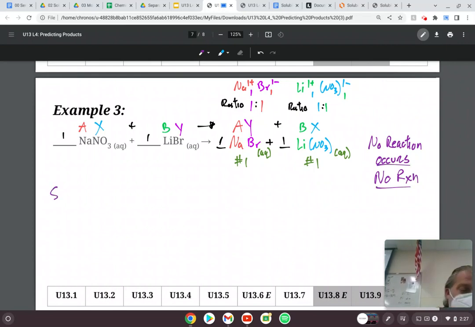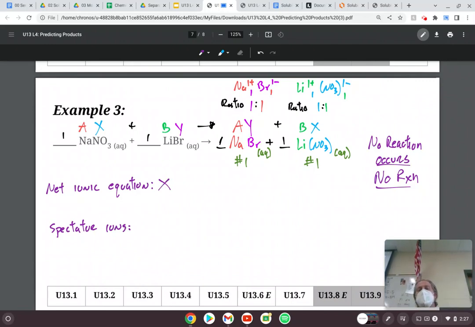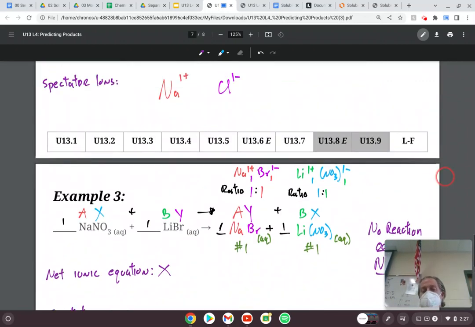So in terms of net ionic equations and spectator ions, how did you know it was a no reaction? So if I go back, the question is, how did I know it was a no reaction?